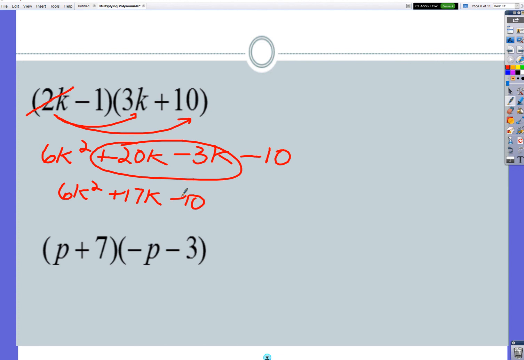And the last one for today. What's the first term in the first parentheses? P. Lovely. What's p times -p? Very good. Negative p squared. Negative times positive is negative. TJ, what is p times -3? -3p, good.